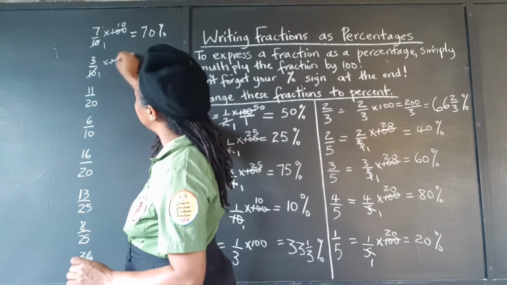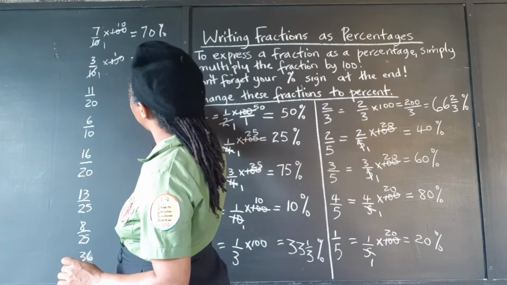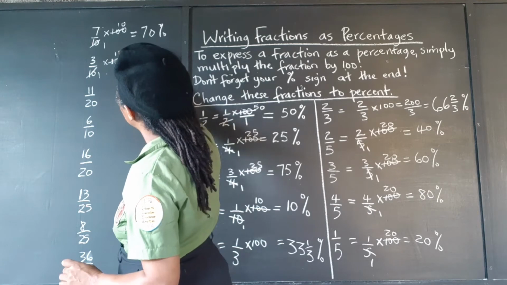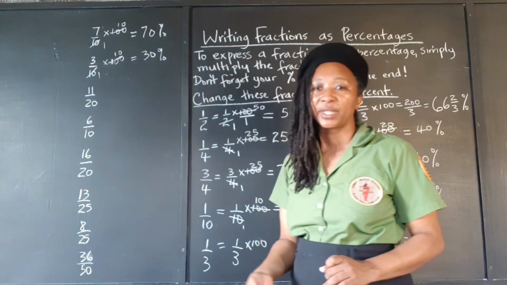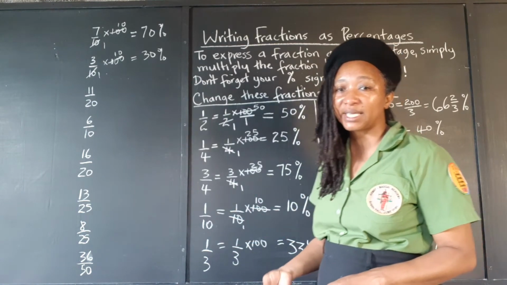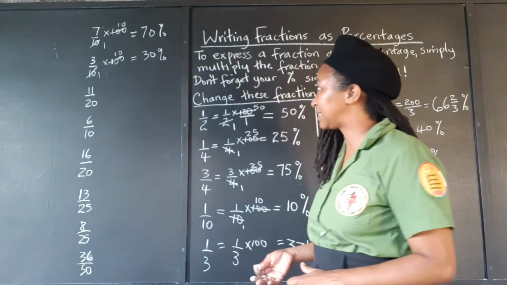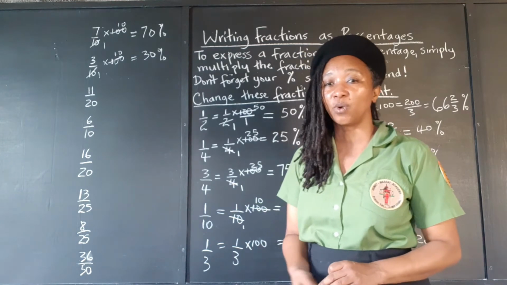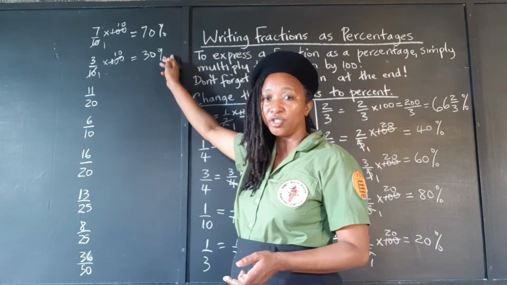There are 10 tens in 100 and 3 tens are 30. So 3 tenths is the same as saying 30 hundredths. 3 boxes out of 10 equal boxes is the same as saying 30 boxes out of 100 equal boxes. 3 tenths is equivalent to 30 hundredths.